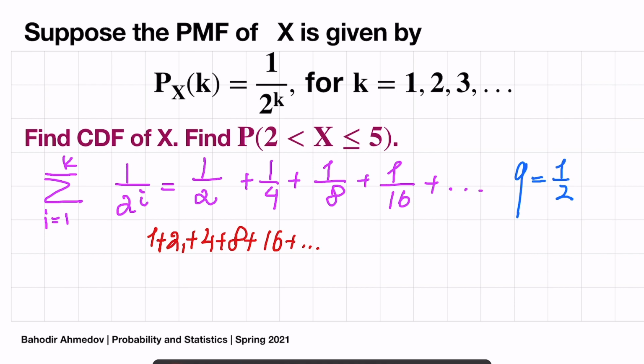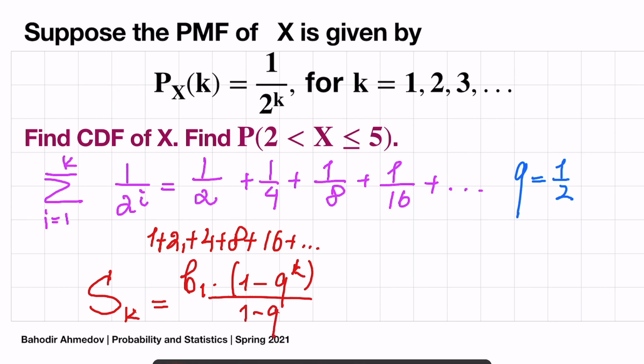Do you remember the sum of the first k terms of a geometric series? The formula is b1 times (1 minus q to the power of k) divided by (1 minus q). This is the formula to find the first k terms of any geometric series.